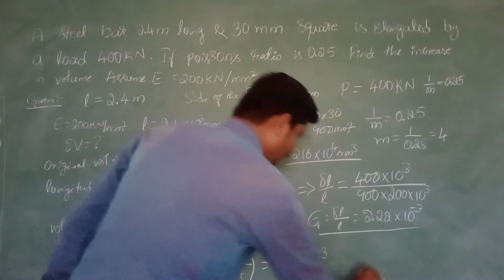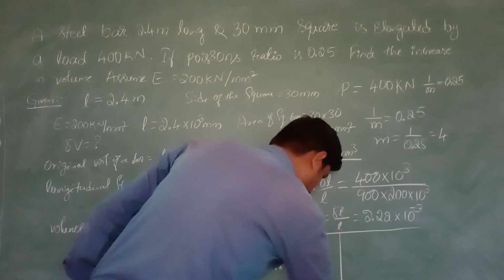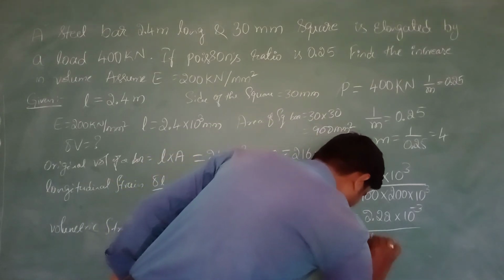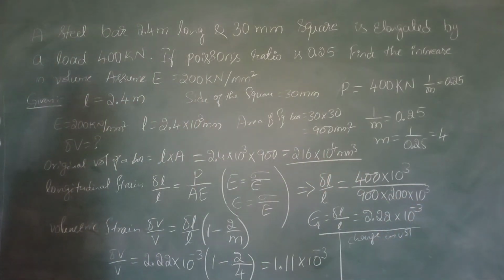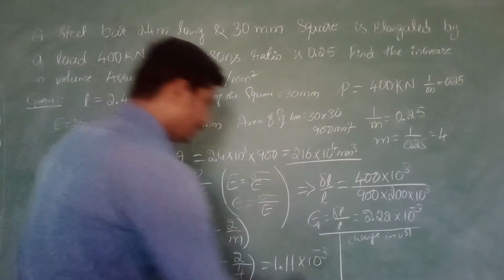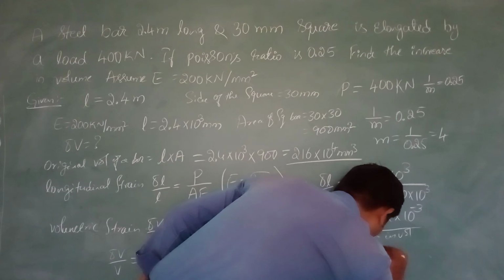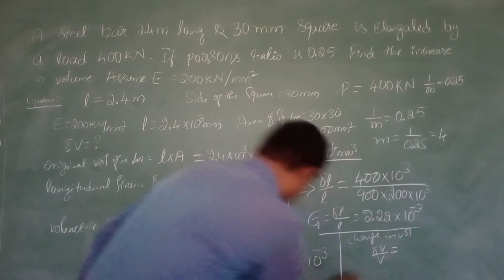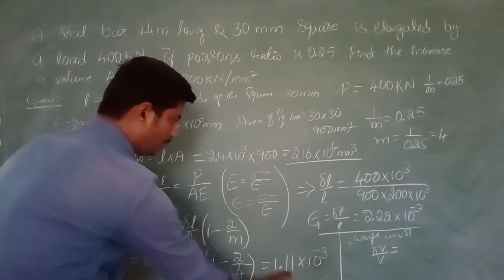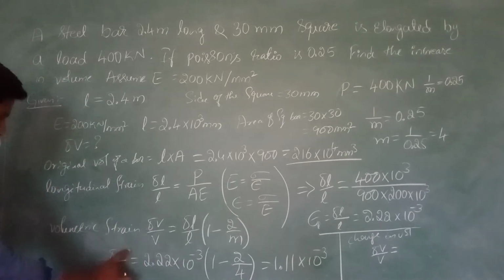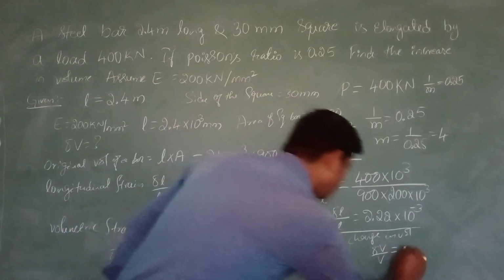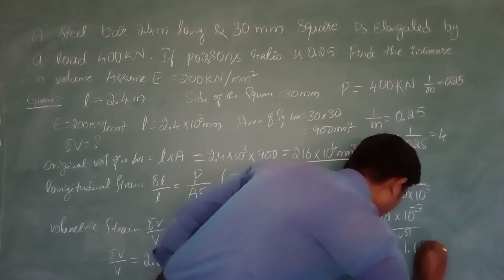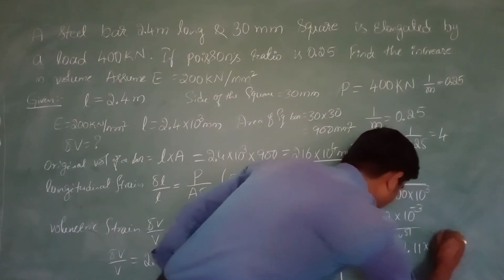Now we need to find the change in volume. We already found the volumetric strain, delta V divided by V, which is equal to 1.11 into 10 to the power of minus 3.